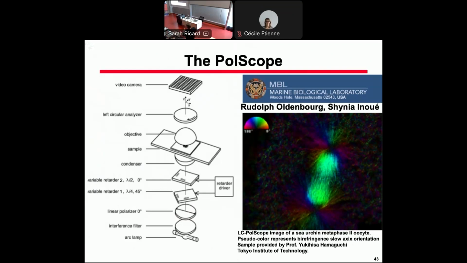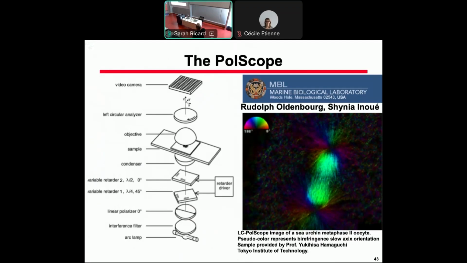What you see here are the microtubules. Microtubules you can see, even if they are extremely small, a few tens of nanometers, because they are highly birefringent. And interesting is that the coding here is an angle in space.